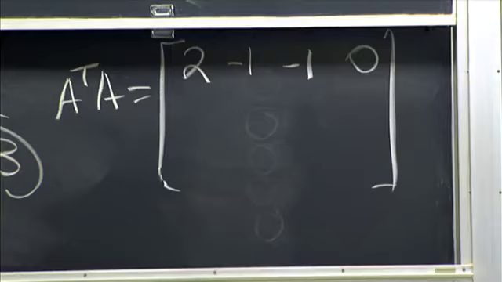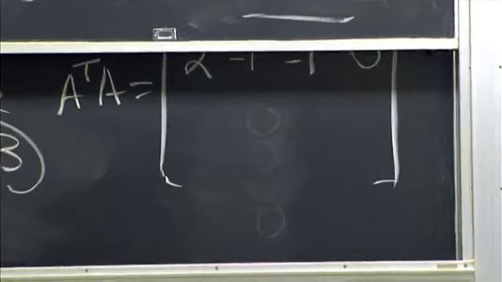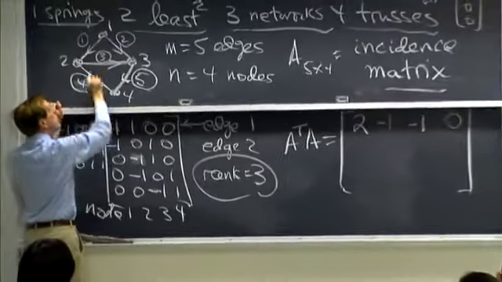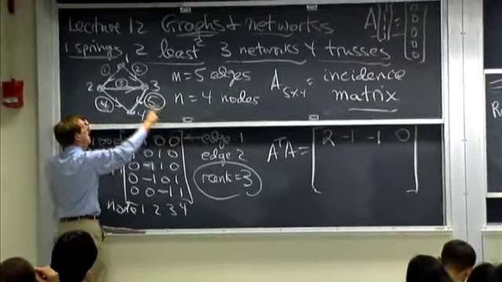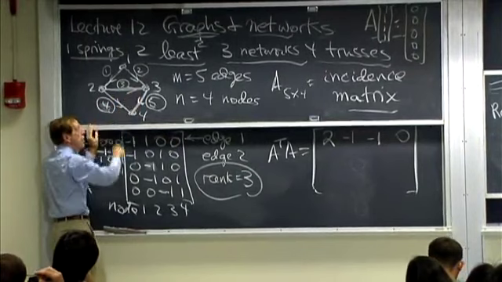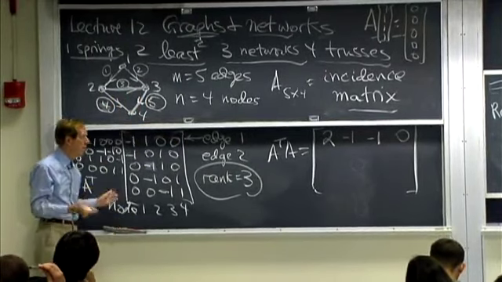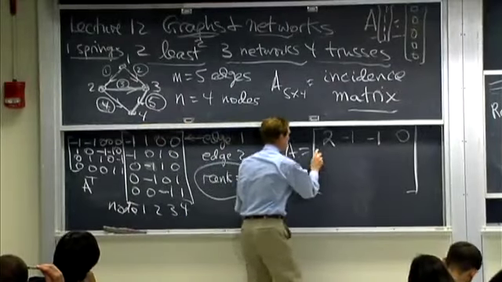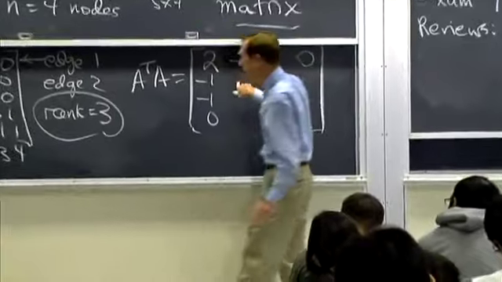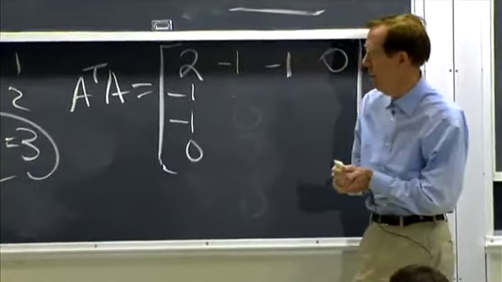What does that 2 represent? That 2 represents the number of edges that do go into node 1. See, that row is all about node 1. So there are 2 edges into it, and then an edge out, an edge out, and no edge. Okay, so now I know it's going to be a symmetric matrix, so I could speed up and fill those in. What's the next entry, the one on this diagonal?